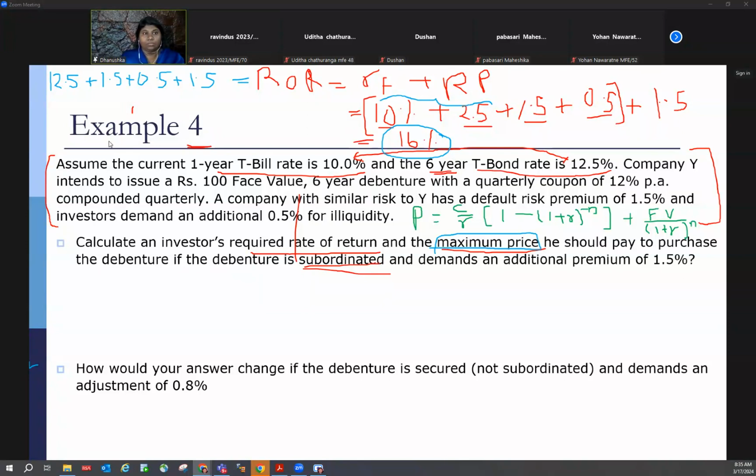Okay, what is the maximum price? Okay, Janvi. Looks okay.